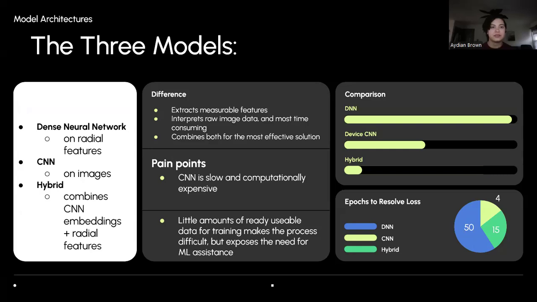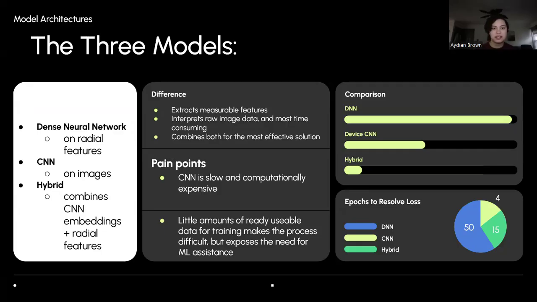Based on these three models, we implemented the architectures to compare feature-based versus image-based learning. The dense neural network takes the radial features as input and passes them through two hidden layers before classification.